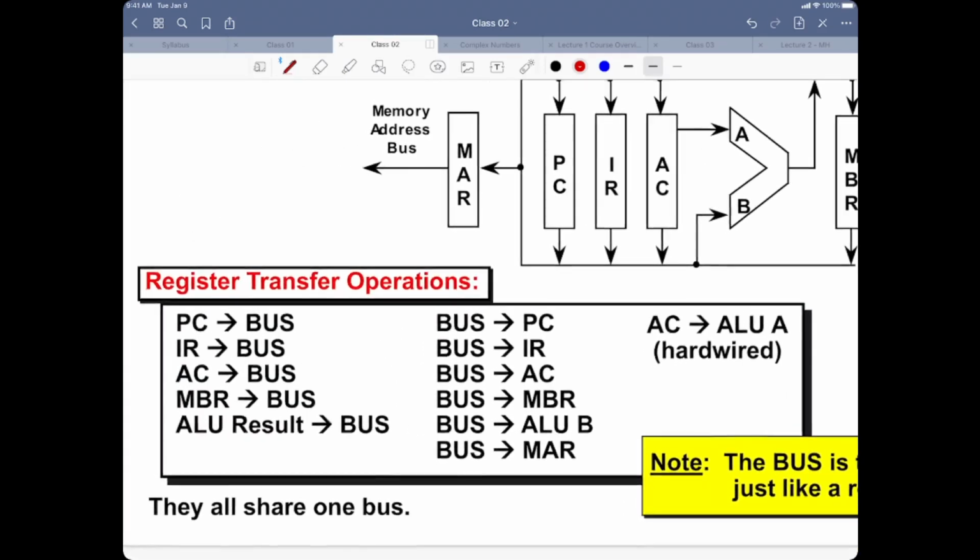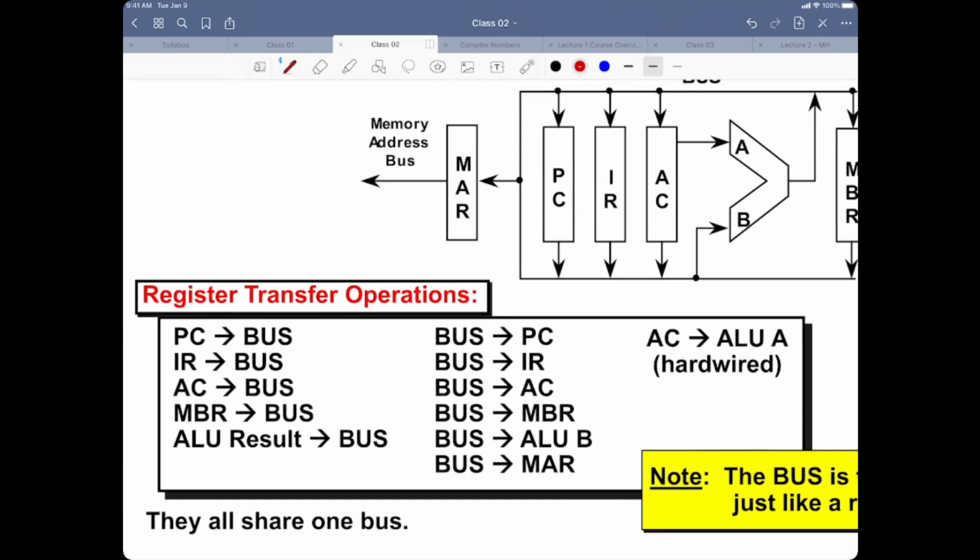Now, if you wanted to summarize all the possibilities of data movement, you can summarize them in this way. One thing I would like you to notice here is that for register transfer, bus is one of the things involved, right?